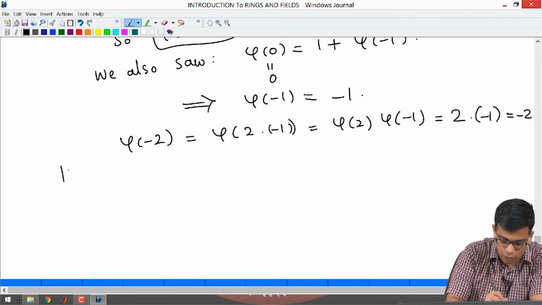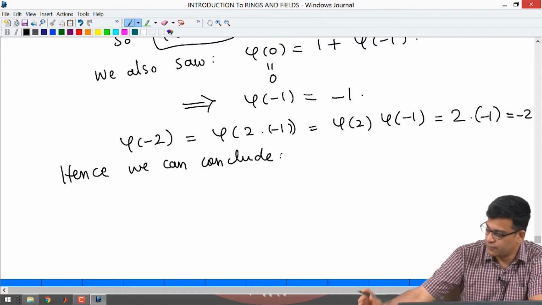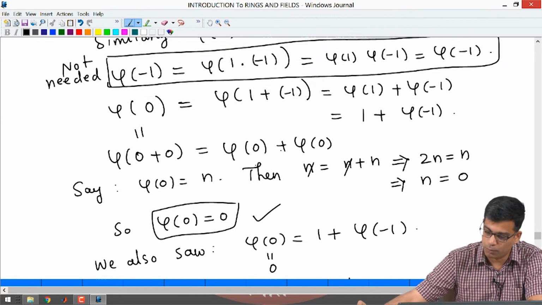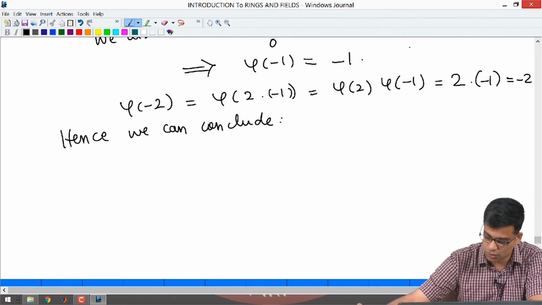So, now we can conclude. Earlier I said phi of n is equal to n for all positive integers n, right. Now, I am able to conclude this is true for all n.